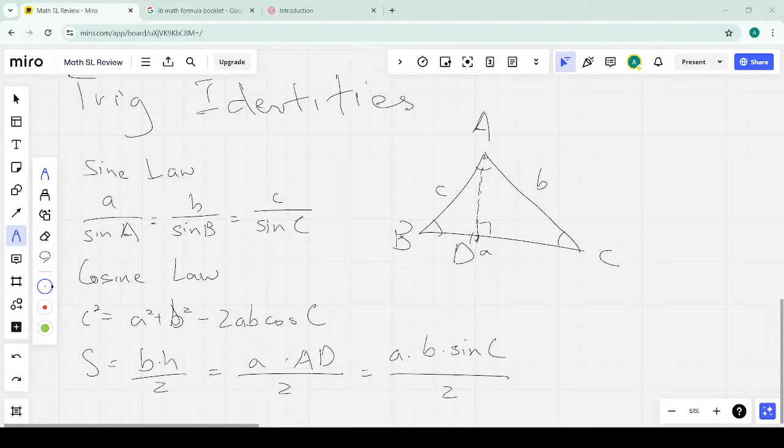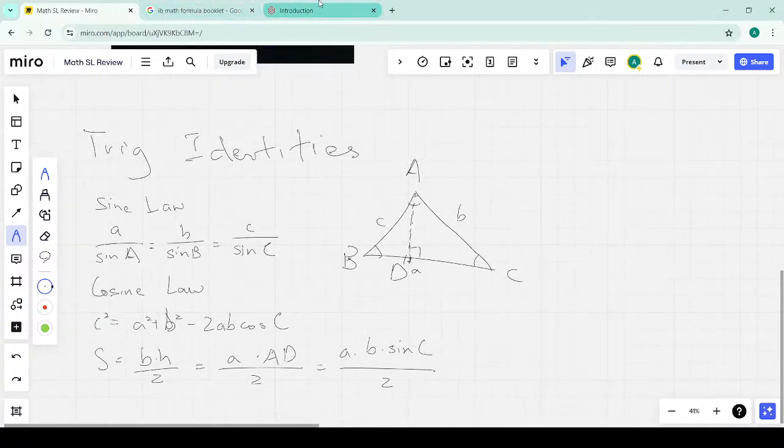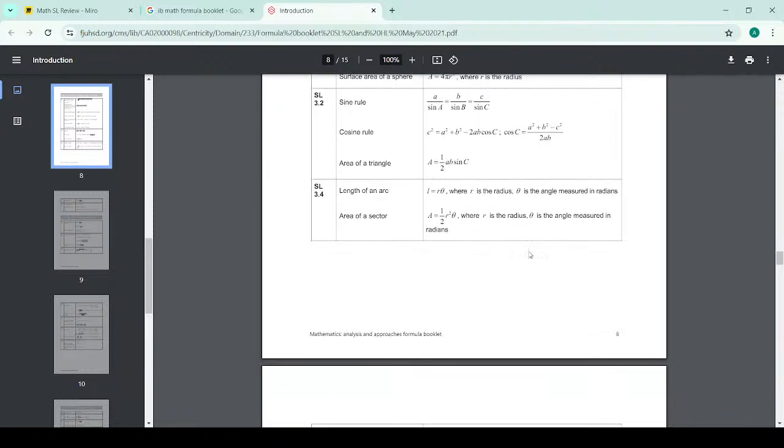SL doesn't do compound. It's going to be on your final. Well, you never know. Just because they didn't go over it, you might as well know it. Oh wait, do the SL kids get the HL formula booklet? You guys all get this one, right? You get the full booklet.